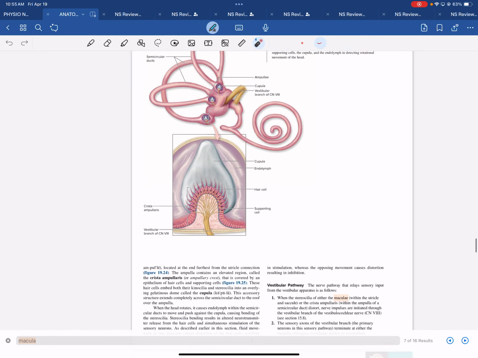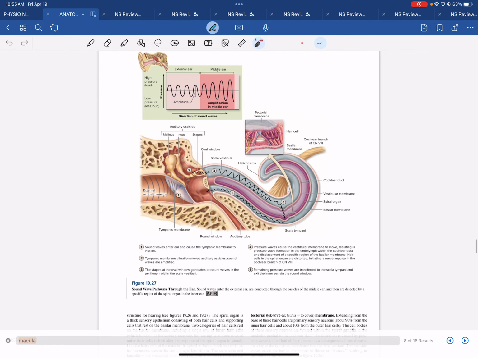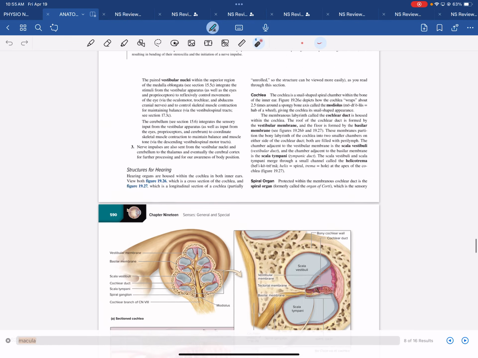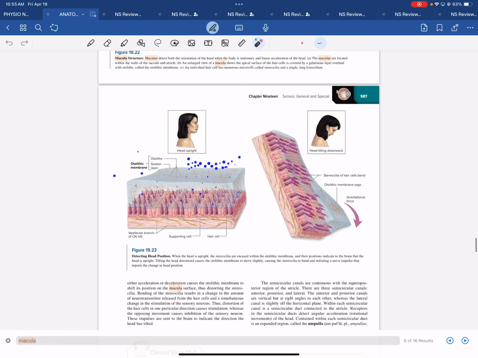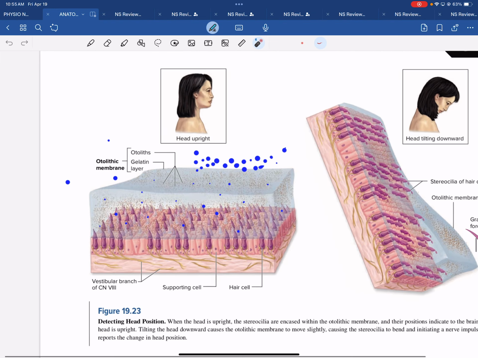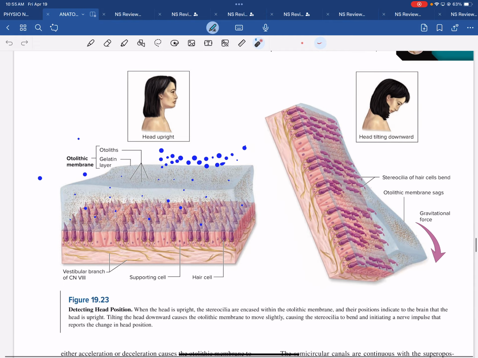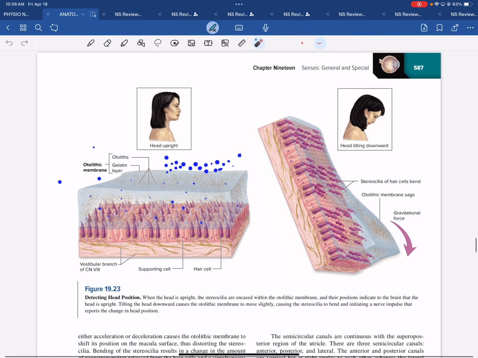The macula with the utricle and the saccule? Yes. I think it's before that. It's before this one. Yeah, I think right here. So this is what's inside of the utricle and the saccule.